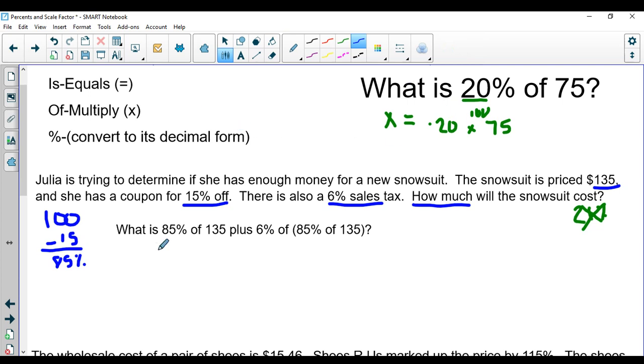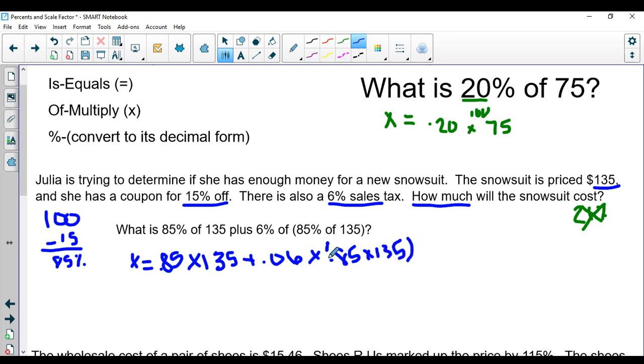So now I'm going to change this into my equation. What is x equals 85% as a decimal, it gives me 0.85 of times 135 plus 6% would be 0.06, and then of times 0.85 times 135.